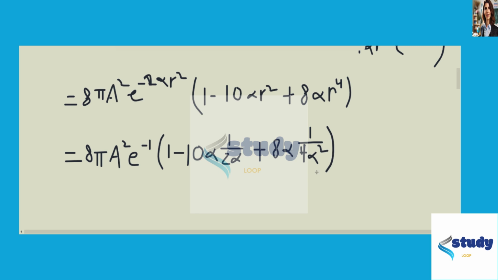Okay, and simplifying even further, we have 8 pi times a squared e to the minus 1. And then everything in the parentheses becomes negative 2. Oh, this alpha squared. That alpha squared. And that alpha, missed that previously.